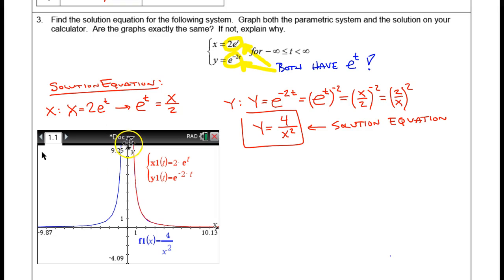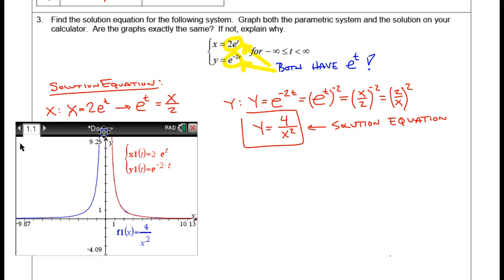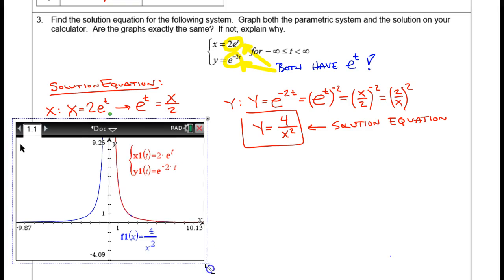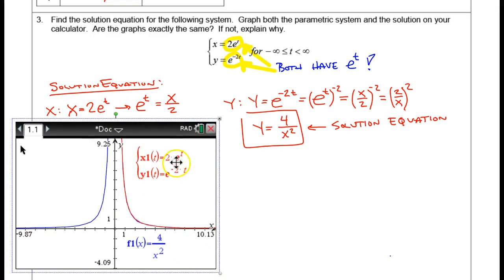I went ahead and copied the image from my calculator over here on the notes page. You may want to graph this just so you have it for reference. And here's the question I have.